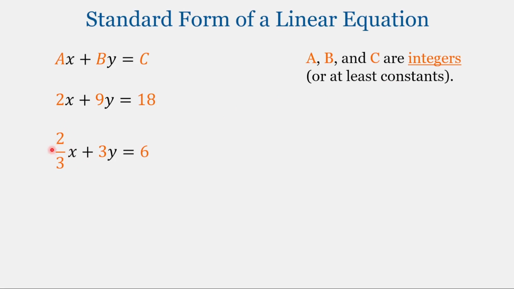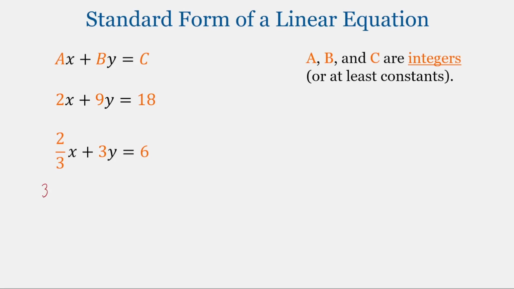So sometimes you may see something written like this, where we have this fraction, 2/3. This is not an integer, but it is a constant. It's a number. But we can rewrite this so that it's only integers. To do this, we need to get rid of this denominator. And we can do that by multiplying by the denominator, in this case 3.